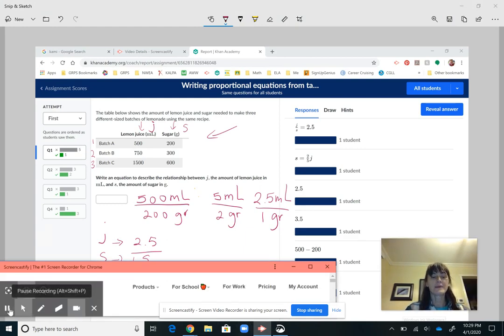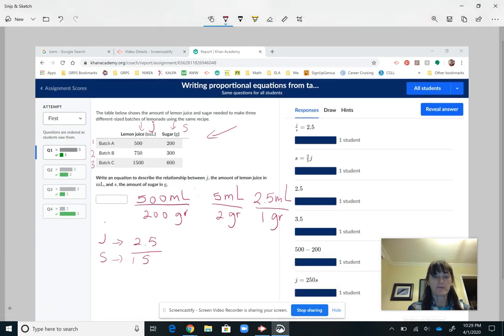But before we get carried away and continue looking for that relationship that looks like an equation, we need to double check that each batch has the same relationship. And all we have to do is simply 500, like we did here, 500 divided by 200. This is what we ended up with. 750 divided by 300. 1,500 divided by 600.